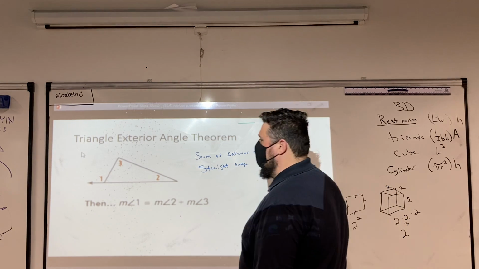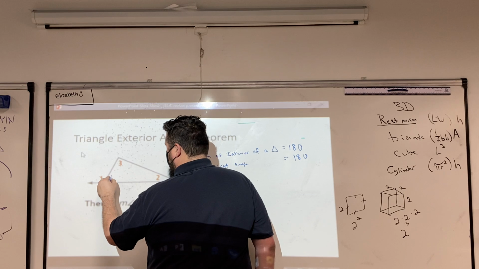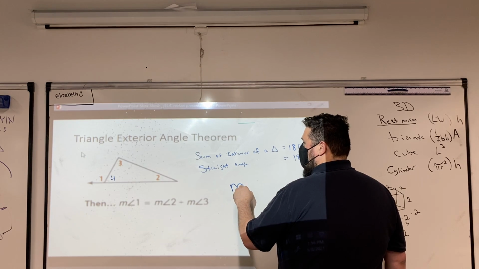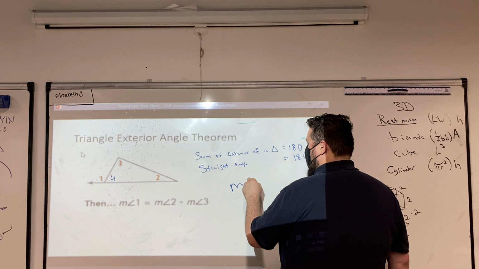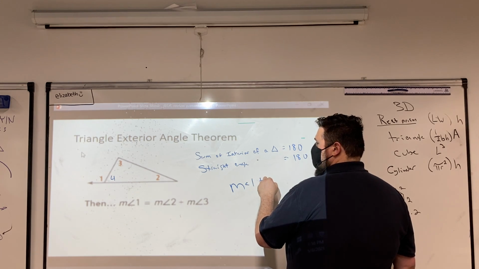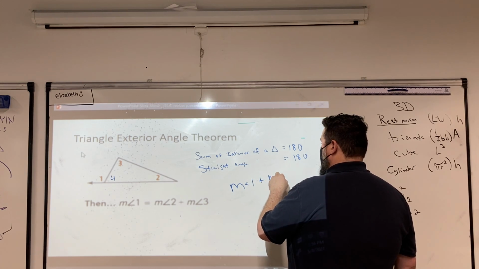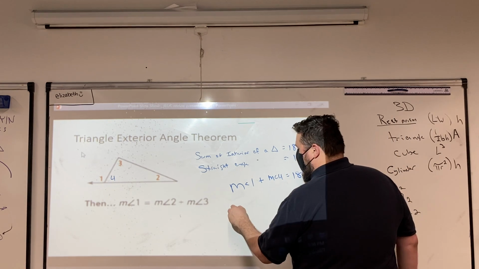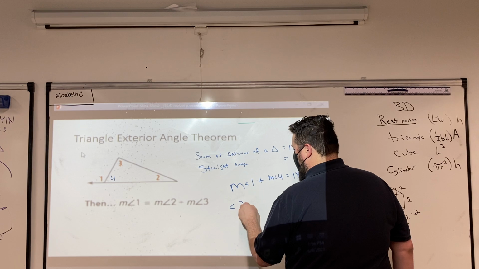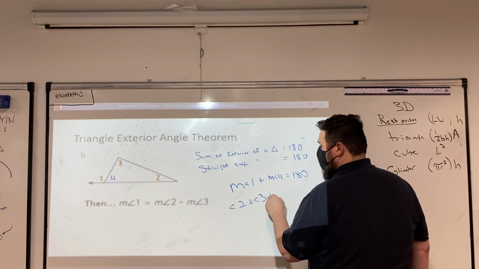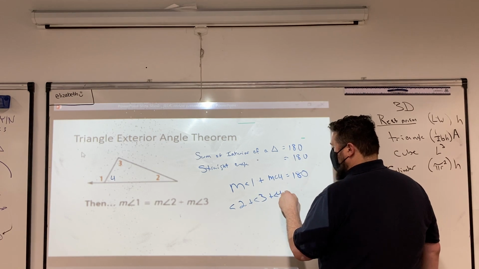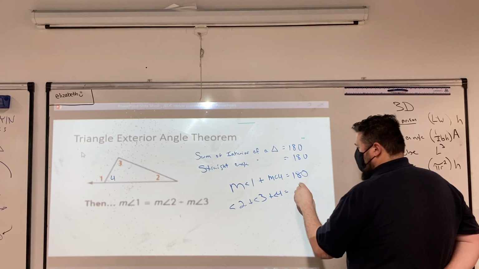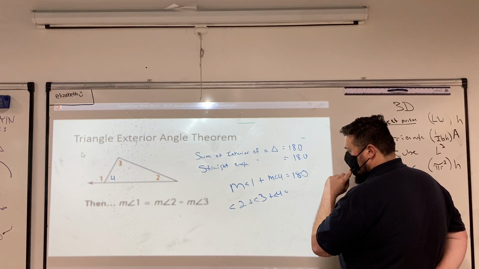So I can see that the measure of angle 1 plus the measure of angle 4 is equal to 180, right? Yes. I'm just going to write it as angle 2, angle 3, angle 4. What do those add up to? Well, that equals 180.